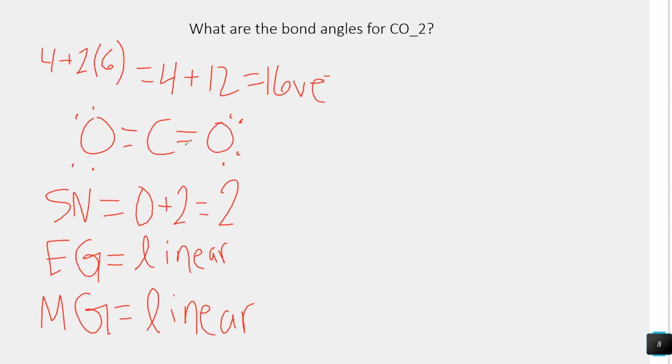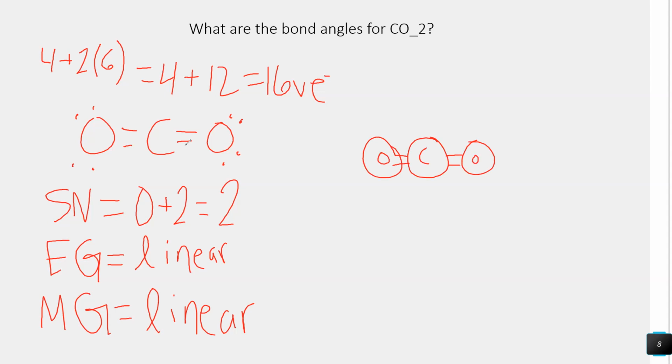Now, what does this mean about bond angles? Because that's what we're looking for here, right? Is bond angles. Well, if you look back at that chart there, you'll see, or you can just look at the fact that this is linear. So if we were to make a ball and stick model, this is the carbon, these are the oxygens.